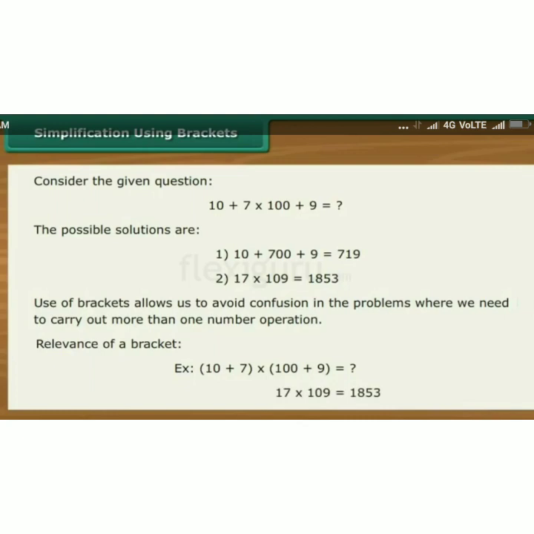After adding those values, we have to multiply. So 10 plus 7 is 17, 100 plus 9 is 109. Then multiply 17 into 109, and you will get 1853. So we have to use brackets to avoid confusion, to avoid mistakes, and to get the correct answer.